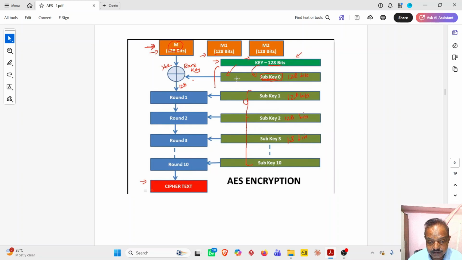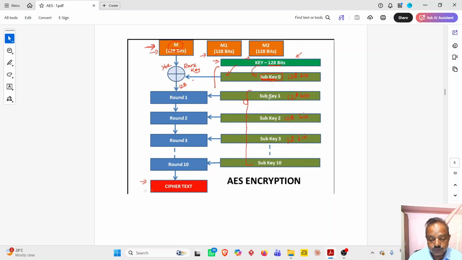This sub key is applied here. We also call it the round key. So this round key, along with this plaintext, goes for the exclusive OR operation, XOR. Then the output is also 128 bits.